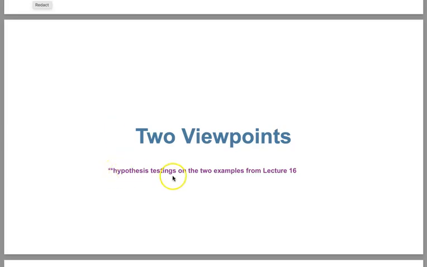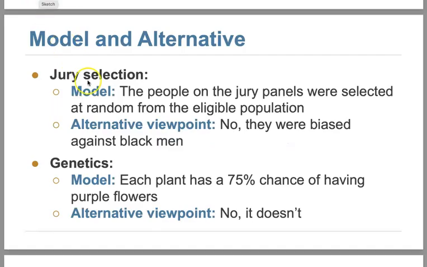For hypothesis testing here, we will give you the two examples we have from lecture 16, to see how to do the hypothesis testing. Then you will see the two viewpoints in each example. Our first example is the legal example about jury selection for the superior court.